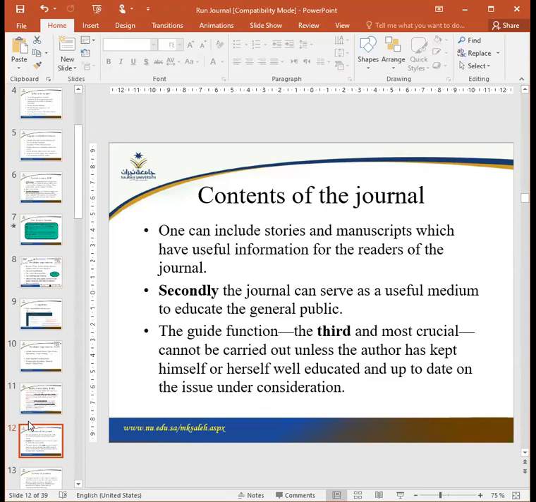One can include stories and manuscripts which have useful information for readers of the journal. Secondly, the journal can serve as a useful medium to educate the general public, or its intended readership, on various issues of national importance, keeping in view local social and economic development, environment, and cultural values.